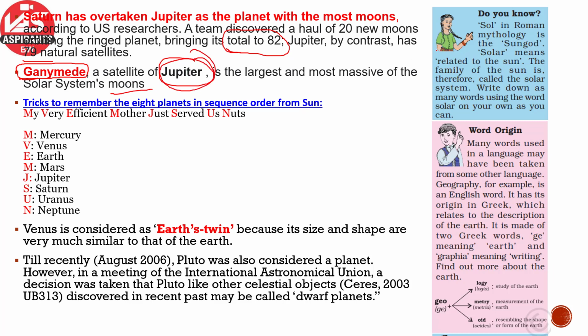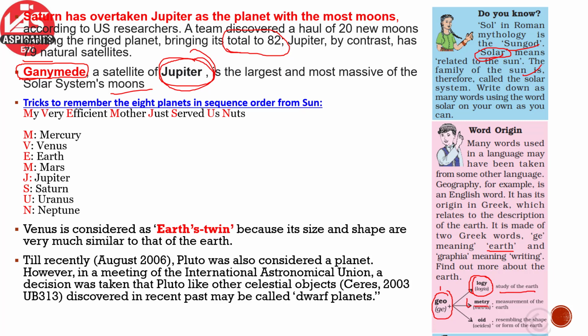Okay, and solar we have already discussed, related to the sun god or related to the sun, that's why it's called the solar system. And there are some other facts here. Geo means earth. Then we have different words attached to geo. If we attach logy, it makes geology, which is the study of earth.